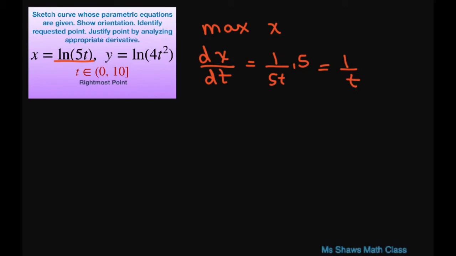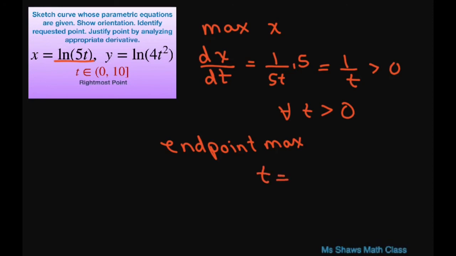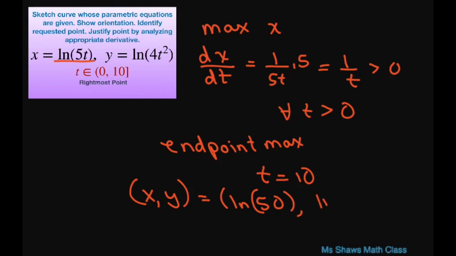And this is positive for all t that is greater than 0. So there's an endpoint maximum at t equals 10, whereby your x, y equals ln of 50 for your x, and your y is ln of 400.